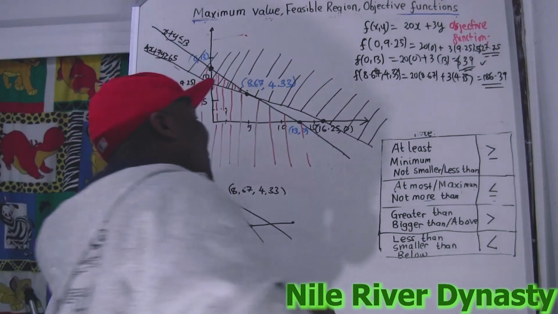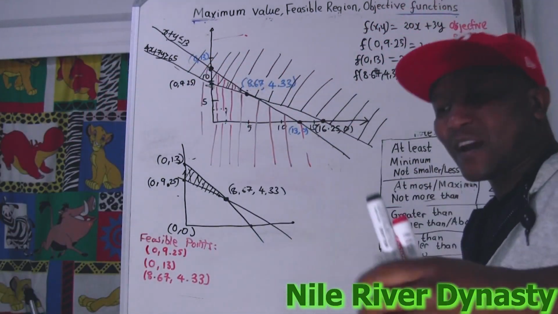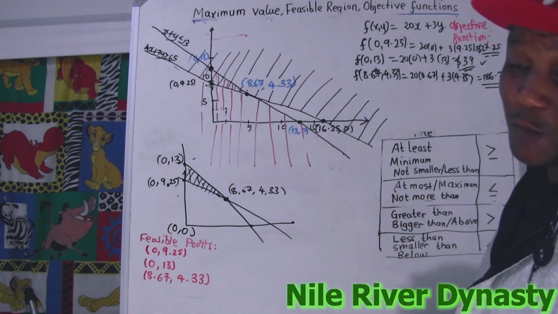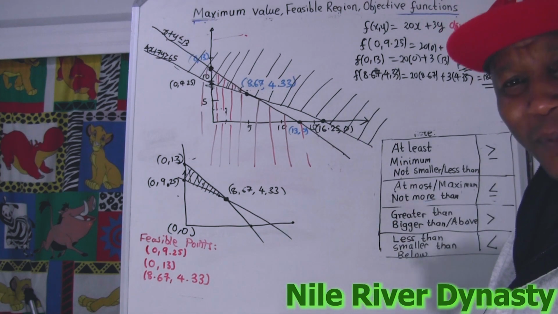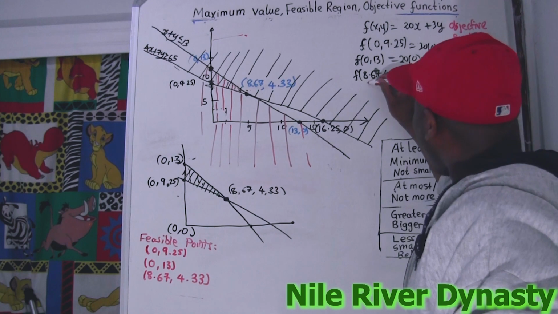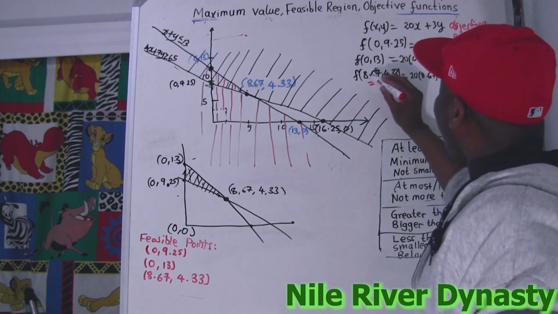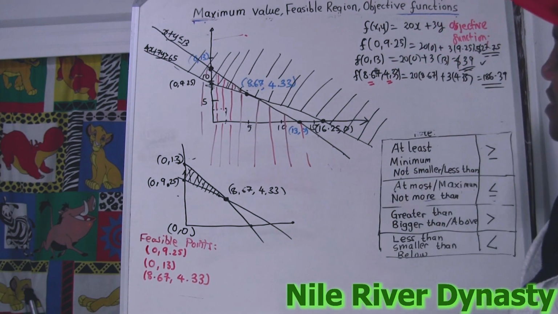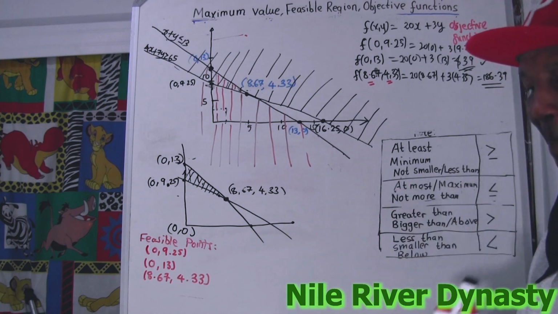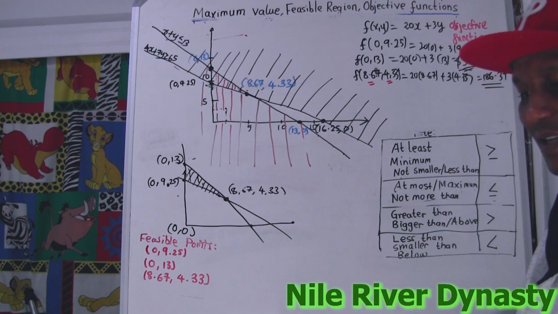You know what I'm saying? So for Mary to make more money from her work, babysitting and tutoring, what does x represent? X represents the number of hours.